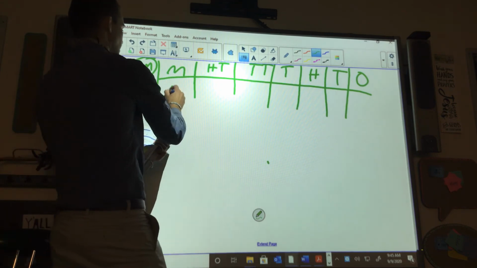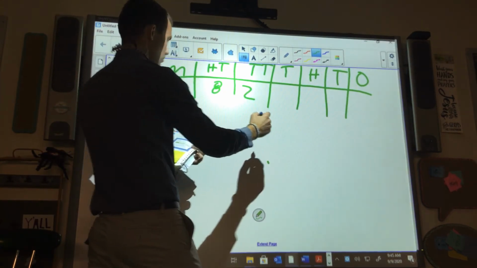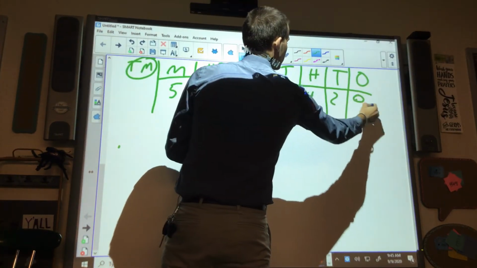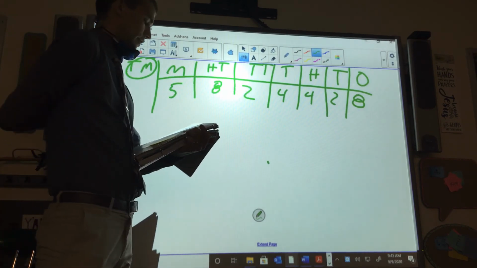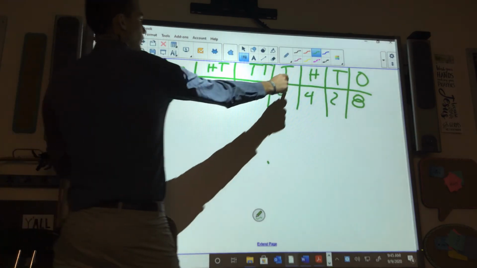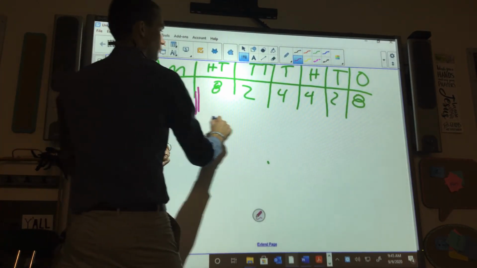So in this example, we see 5, 8, 2, 4, 4, 2, 8. So it's got all those numbers right there on them. So one thing that we're realizing here is that when you read this, you need to read it in increments.